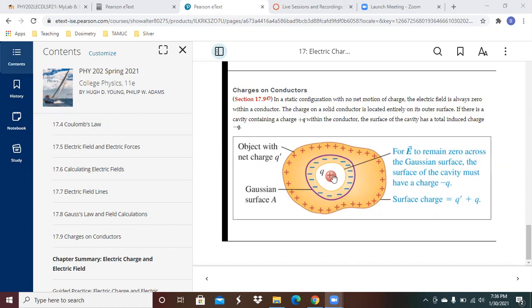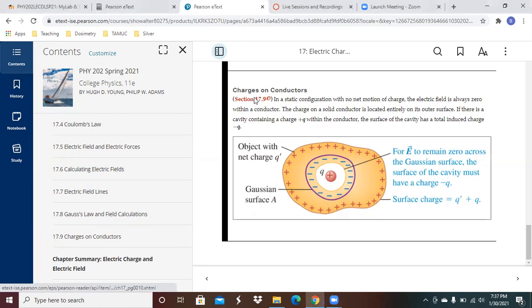That way you have no net electric field. Now, since obviously this is not included in the conductor itself, it's in the cavity, and you create a minus Q around here, your surface charge is going to have to help compensate for that in order to keep the charge the same. So the surface charge ends up increasing by an amount Q.